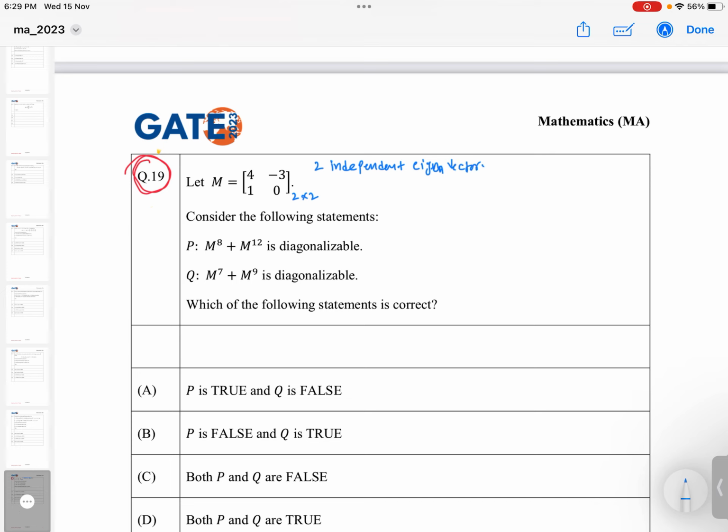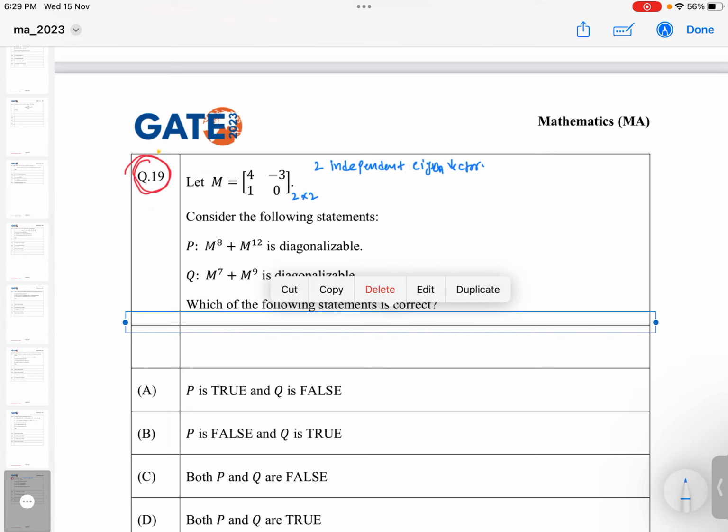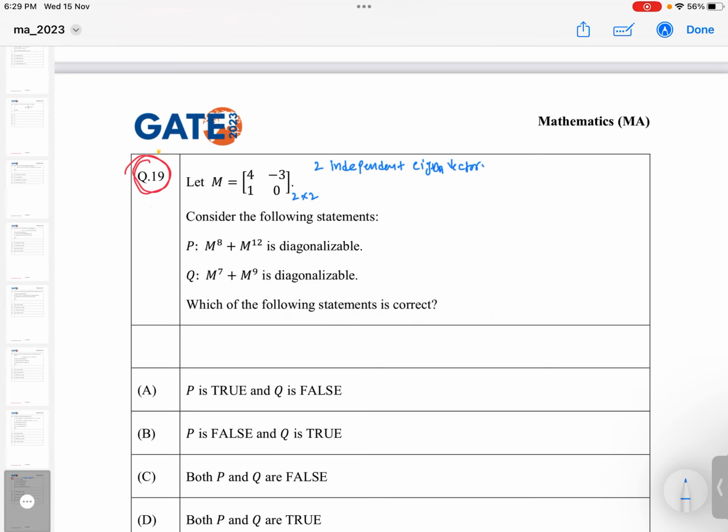If we have two independent eigenvectors, then we can diagonalize M. And how will that diagonalization look? M can be written as some matrix S, some matrix lambda, and S inverse.